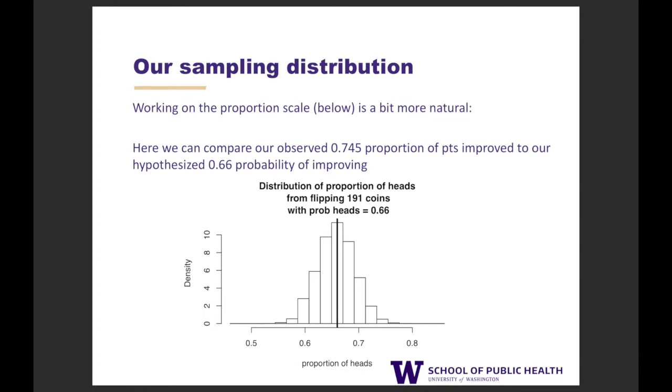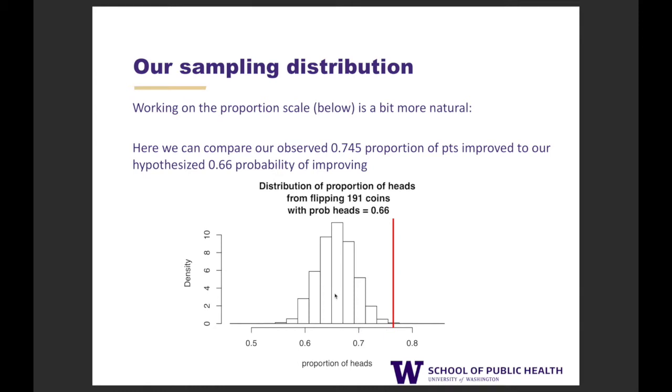So again, by looking at this sampling distribution, we could run a hypothesis test. We could say, okay, in our data, we observed a proportion of 0.745. The sampling distribution is what we might have observed in a world where the probability of heads is actually 0.66. 0.745 is really big compared to 0.66.